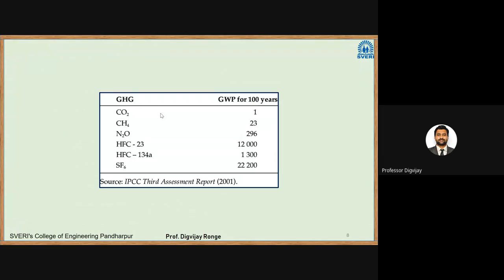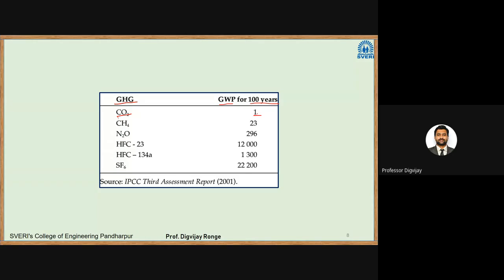So here, what you see on the screen, GHG means greenhouse gas. Okay, and this is the global warming potential over the span of the next 100 years. CO2 is our reference gas. Its GWP is obviously 1. It is like specific gravity, where we take water as a reference.